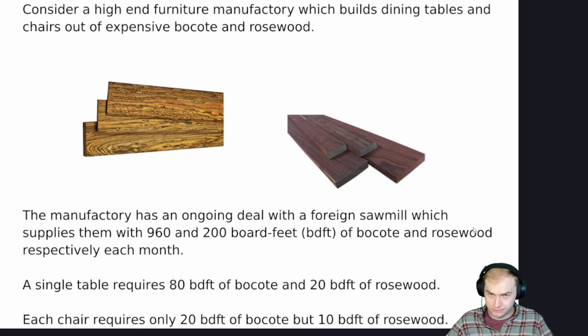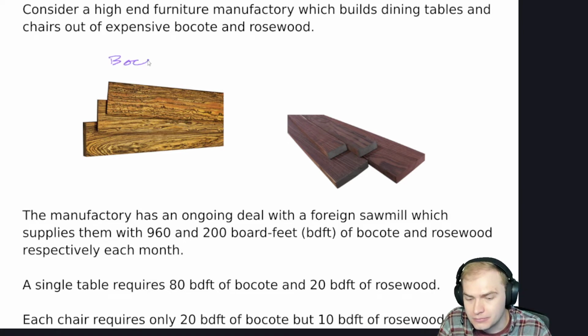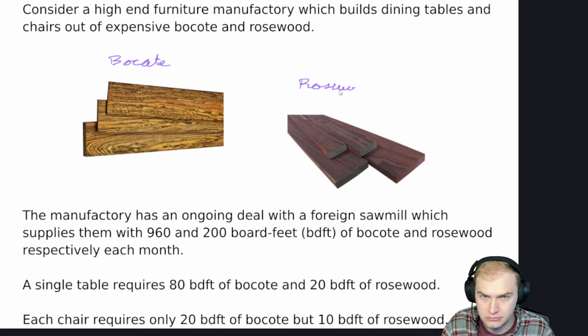So I happen to know that these two woods, bocote and rosewood, are very expensive woods. So maybe a high-end furniture factory would build dining tables and chairs out of these two woods. We're going to suppose that that's happening, and we're going to use this as our example.